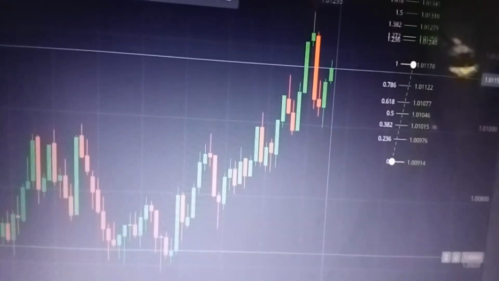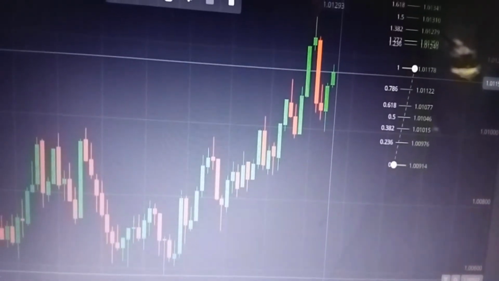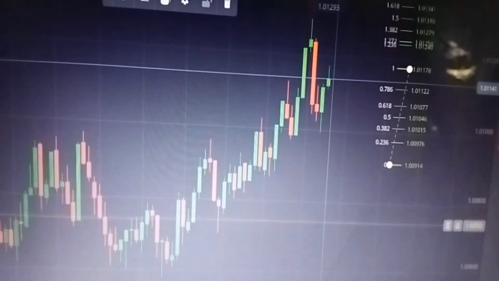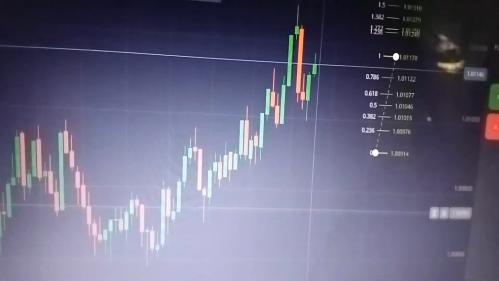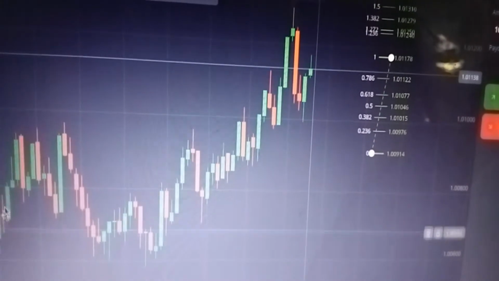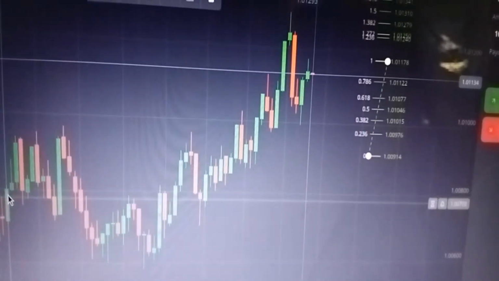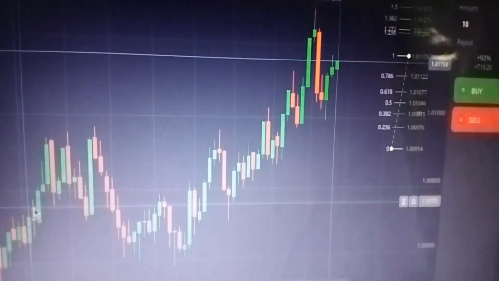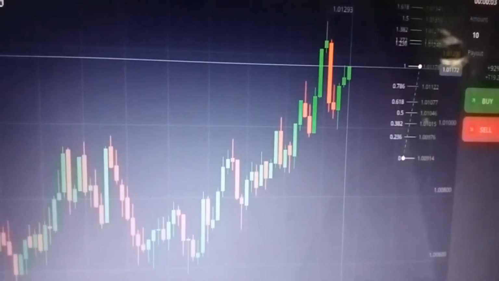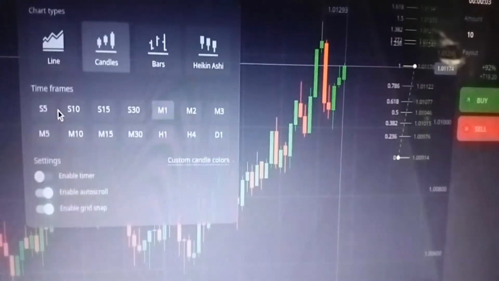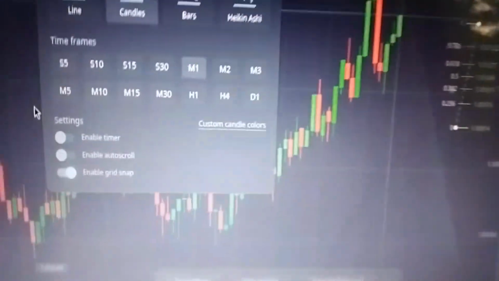Once price was down there, I was watching this swing high. Okay, this is a swing high. Once that swing high has been taken by this candle, right there, I don't want an auto scroll. Don't auto scroll, please.